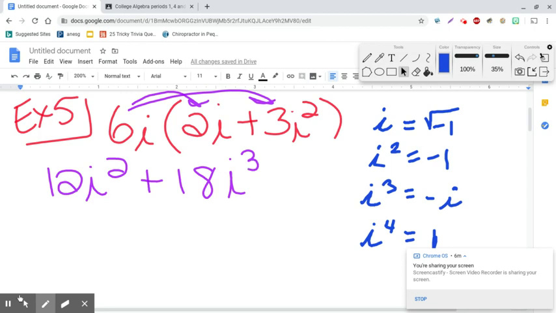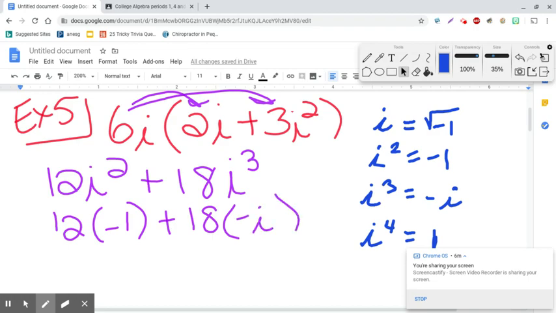Okay, so now we just need to simplify. i squared equals negative 1. So this becomes 12 times negative 1 plus 18 times i to the third, which equals negative i. All right, now we just multiply. A positive 12 times a negative 1 gives us negative 12.